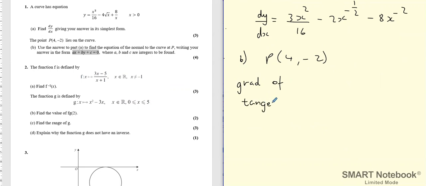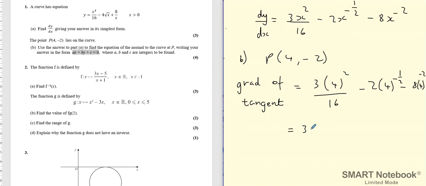It's a good idea to have English description so that you can follow what you're doing in an exam. So the gradient of the tangent will be 3 times by 4 squared over 16 minus 2 times by 4 to the power of minus a half minus 8 times by 4 to the power of minus 2.